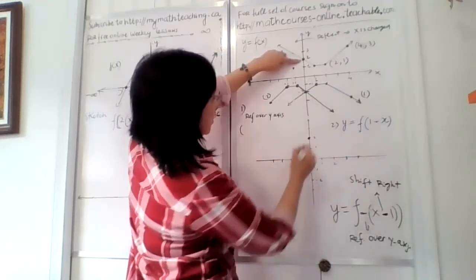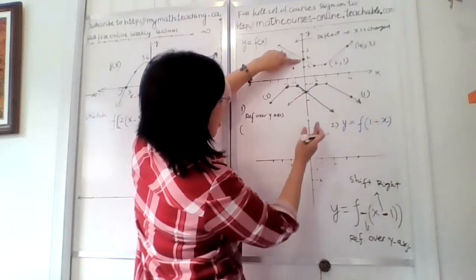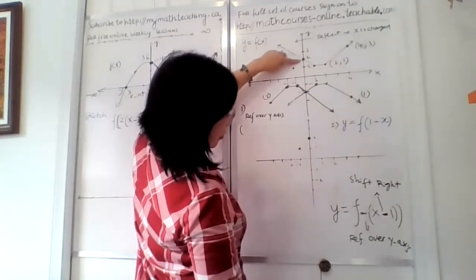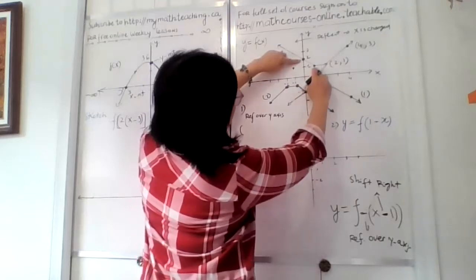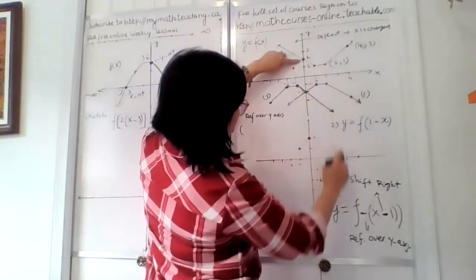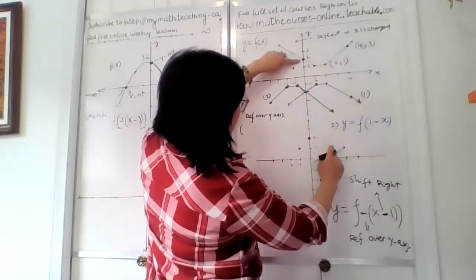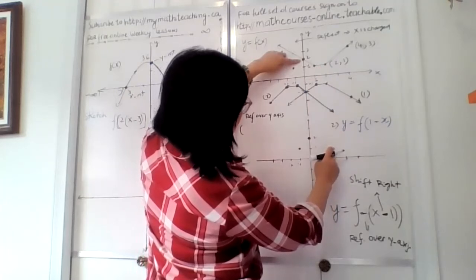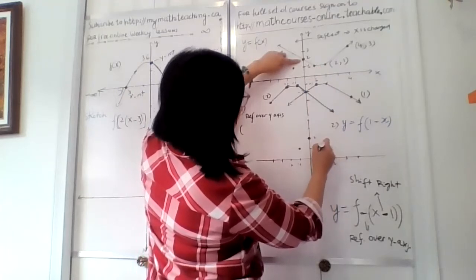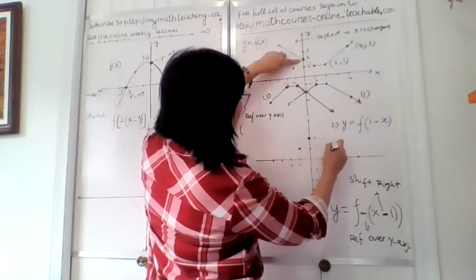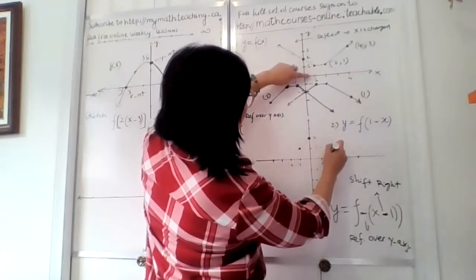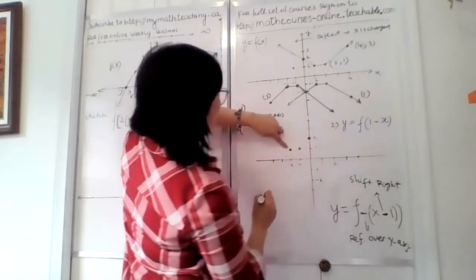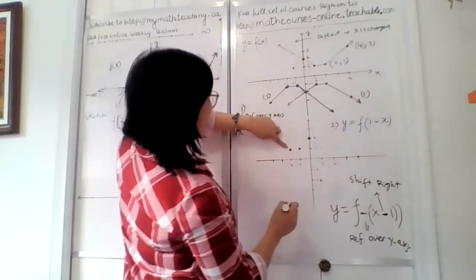So this point stay the same, right? Because the x, I'm sorry, yeah, the x is 2. So x is 2 right here will reflect over the y-axis. So positive 1 become negative 1, positive 2, right? Positive 2 will become negative 2. So that gives us this point.